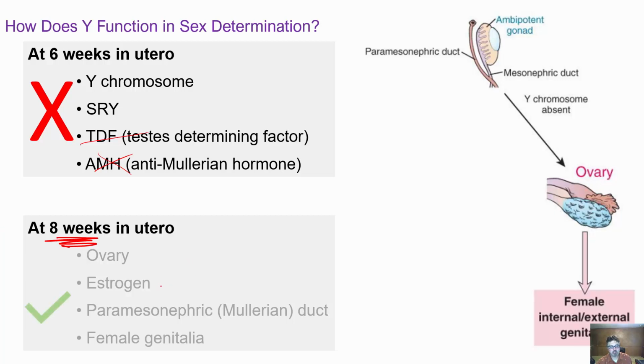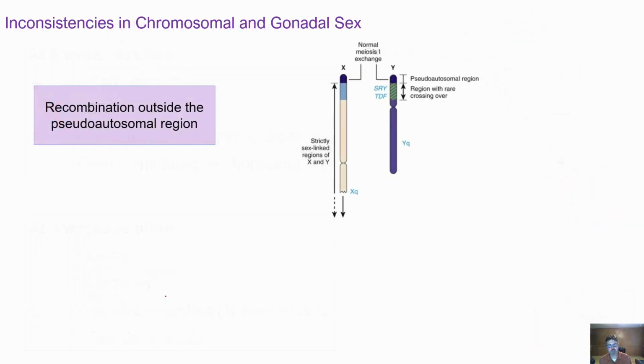That will start to secrete estrogen. That will then develop the paramesonephric duct. And after all of that occurs at 8 weeks, then you'll start to have formation of the female genitalia. So hopefully we start to understand what it takes to become a male and what it takes to become a female early on in development.